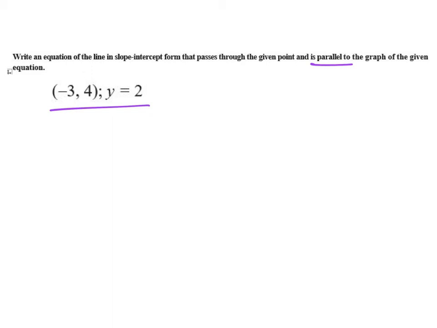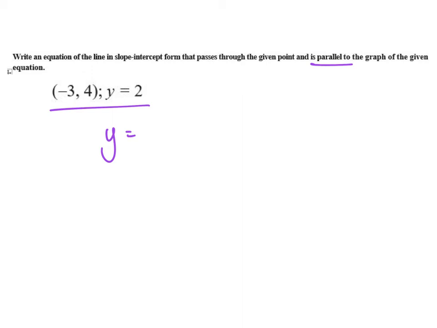So we have an equation of y equals 2. What type of line is that going to create? Is it going to be horizontal or vertical? Horizontal, right? Horizontal. Yes? Y'all agree? Horizontal? So that means if I'm going to create a line that's parallel, it also needs to be y equals. Wouldn't you agree? Okay. So we know it's going to start off like this.